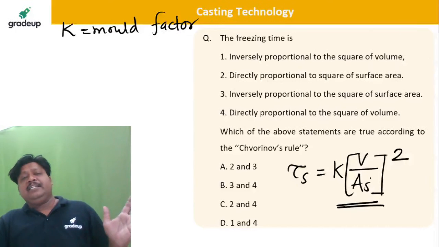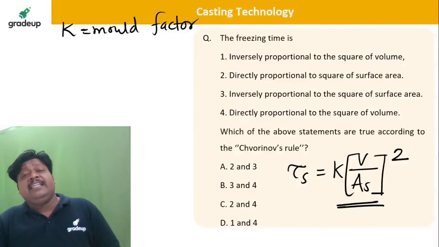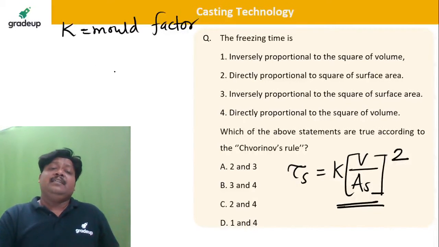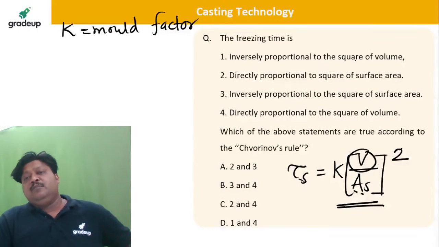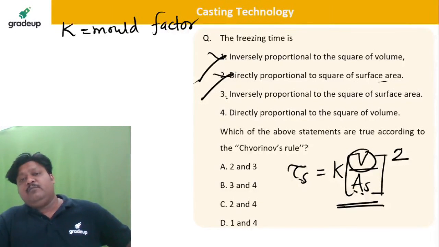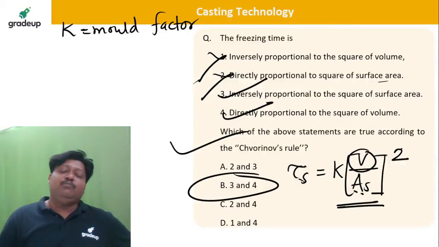Solidification time is equal to mold factor into bracket volume of casting divided by surface area of casting, whole square. Now tell me, this is proportional to what? Volume of casting square, and it is inversely proportional to what? Surface area of casting. So inversely proportional to the square of the volume, it is not correct. Directly proportional to the square of the surface area, not correct. Inversely proportional to the square of the surface area, yes. Directly proportional to the square of the volume, yes. So 3 and 4 are correct. So B is the correct answer.